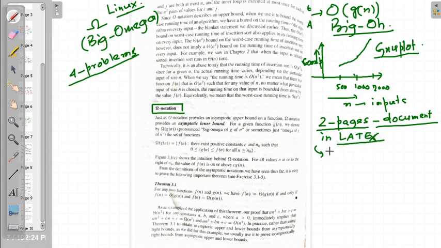There is also one good source, the LaTeX Wikibook, which you can go through for further reference on how to do it. A 2 pages document on Big O. All 4 programs you have to write, and this graph also you have to plot in those 2 pages, and you have to submit.